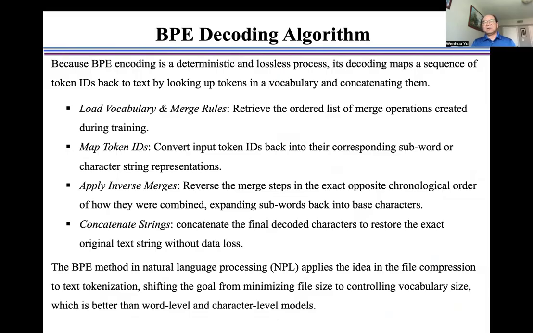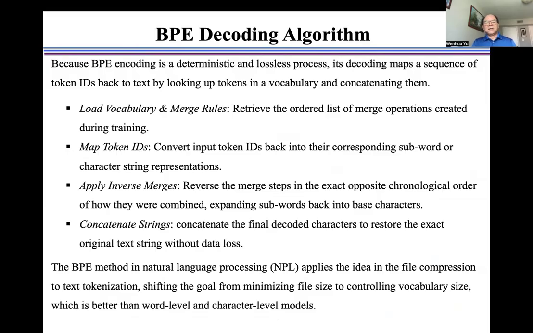decoding maps a sequence of token IDs back to text by looking up tokens in a vocabulary and concatenating them. First, retrieve the ordered list of merge operations created during training.